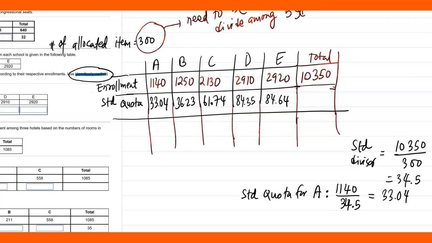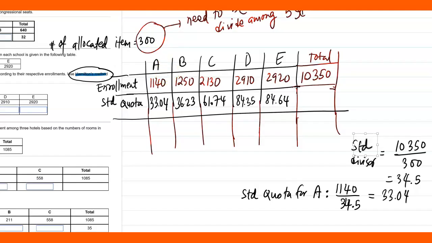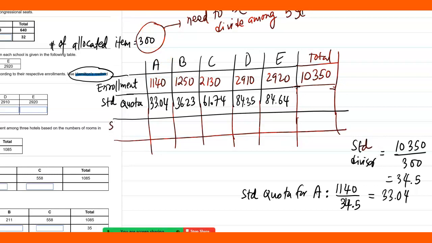Now, in the next row, I have to round down to get the standard lower quota in the Hamilton method. Doesn't matter whatever the decimal is going to be, always lower.